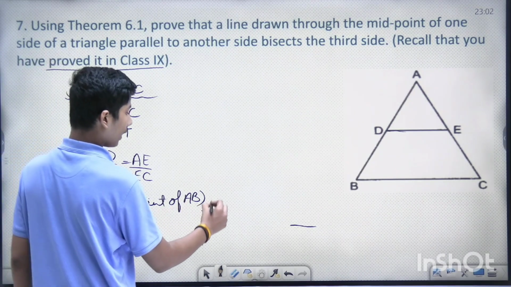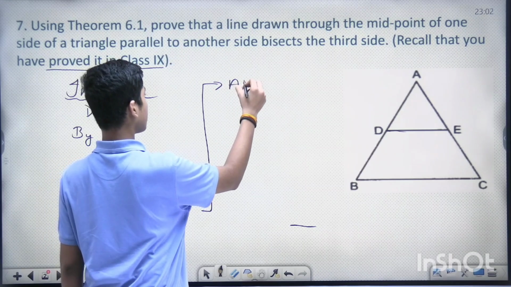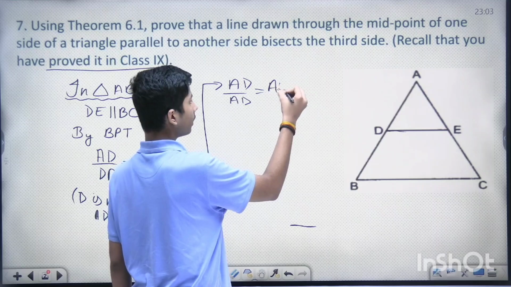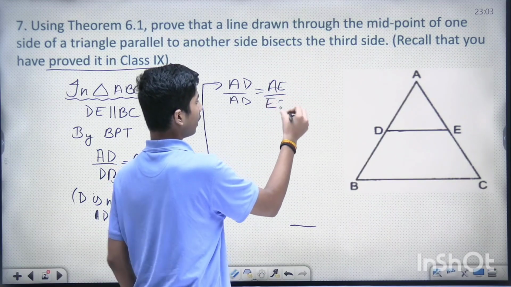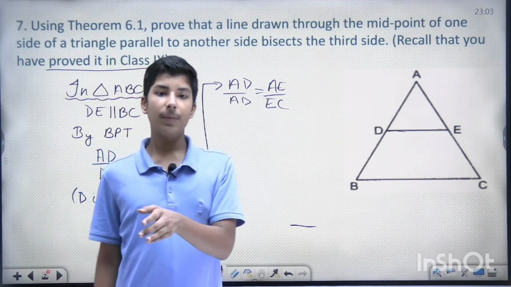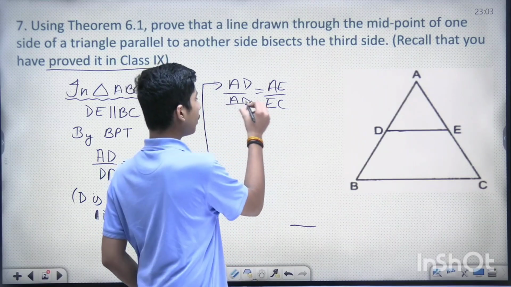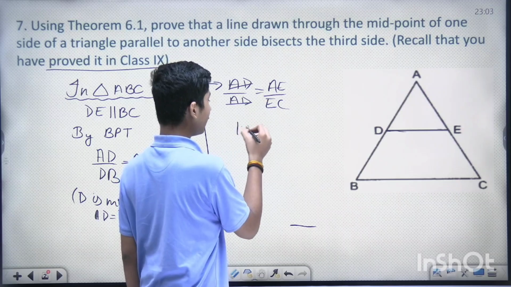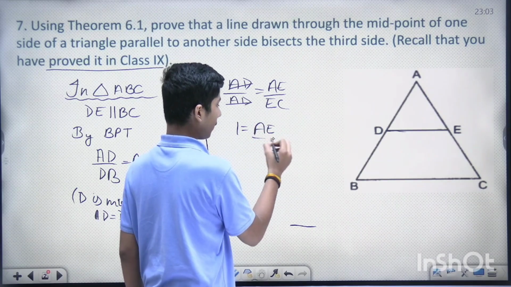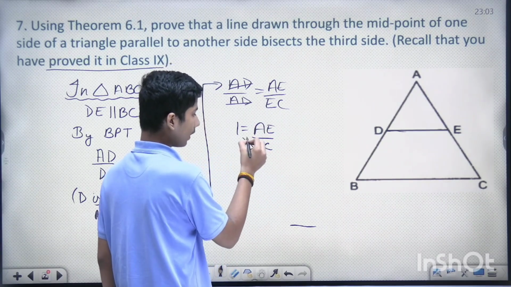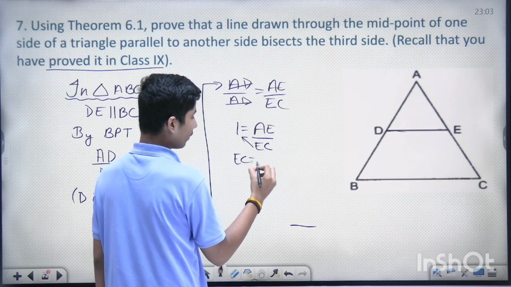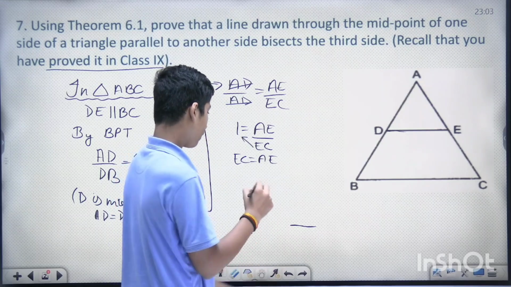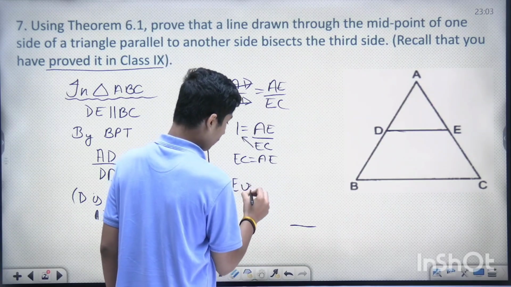So now we can write that AD upon AD equal to AE upon EC. Because these are equal, AD is cancelled by AD. So we will have 1 equal to AE upon EC. When we send it to that side, it becomes EC equal to AE. It means that E is the midpoint.